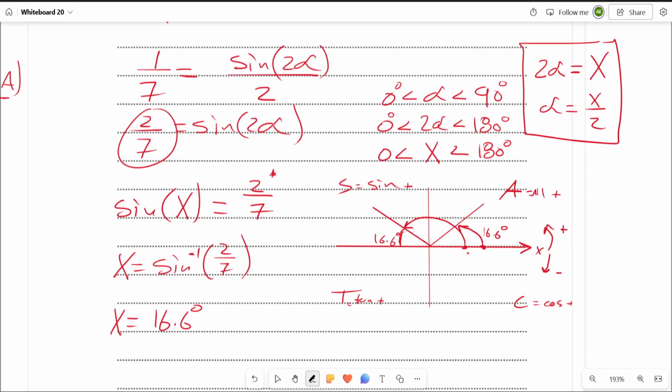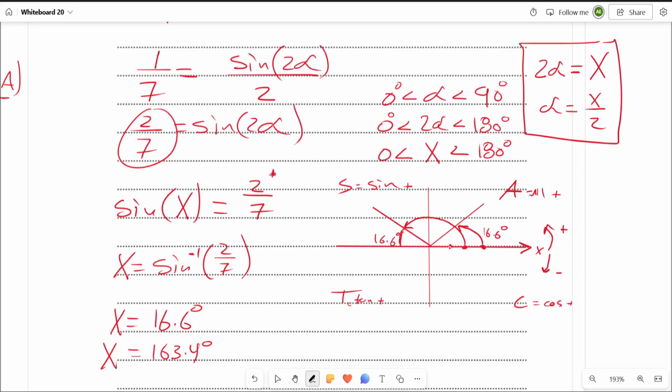I can see that this whole part is 180. If I remove this small part, it's going to give me the angle that I want. So my second x is going to be 180 minus 16.6, which is basically 163.4. So I can erase this and just write 163.4 degrees.